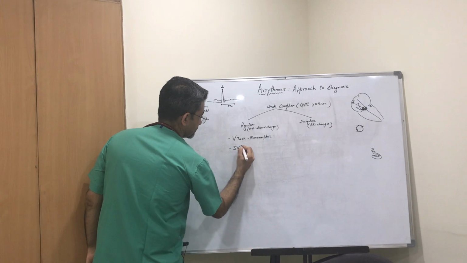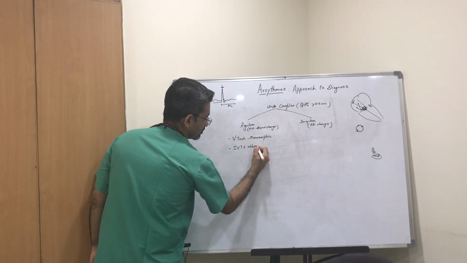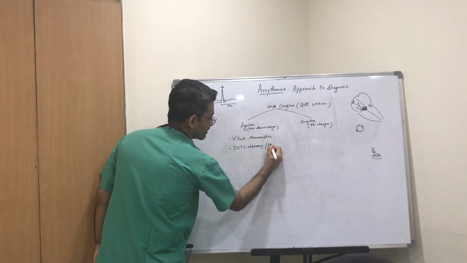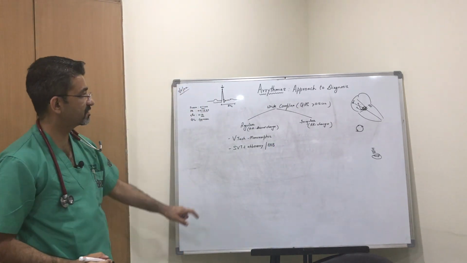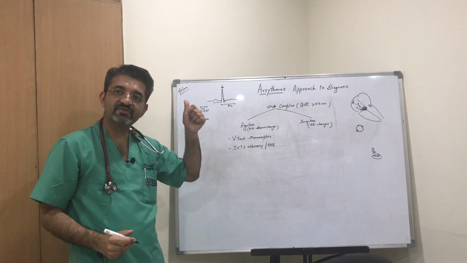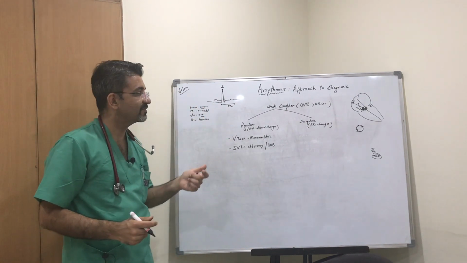SVT with aberrancy, or a bundle branch block, is one and the same thing, is regular wide complex. You remember last time we talked about orthodromic and antidromic AVRT?